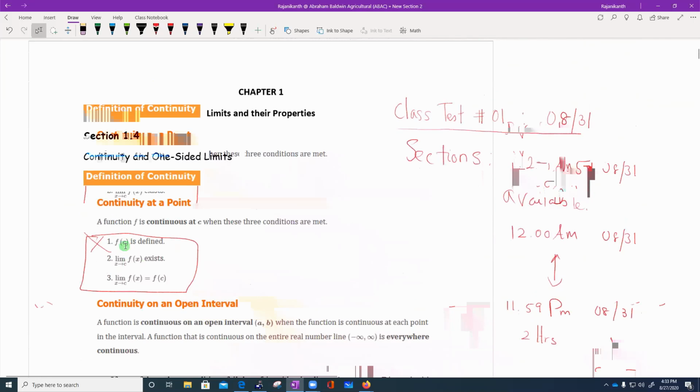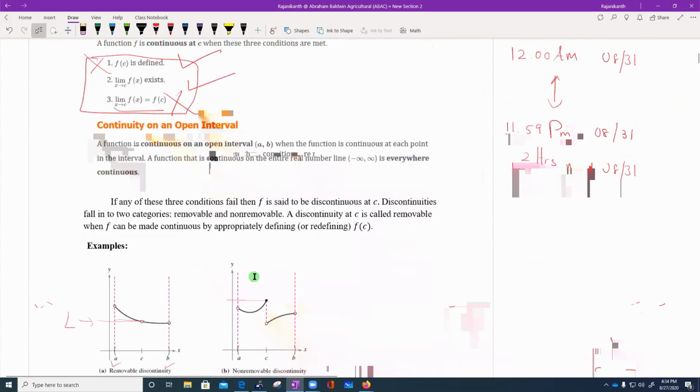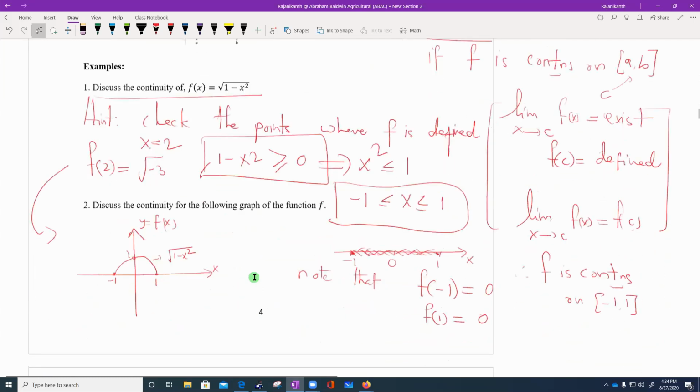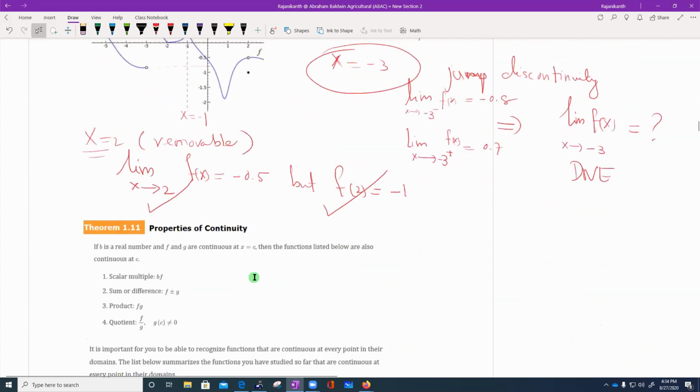Among these three, two conditions are satisfied for that particular problem. But look at the last one. The limit value and the function value should be equal. This is the one we don't have now. That is why it is not continuous. You understand now? Yes. Very good. This is kind of complicated, but once you get the idea, that's it. Very easy.